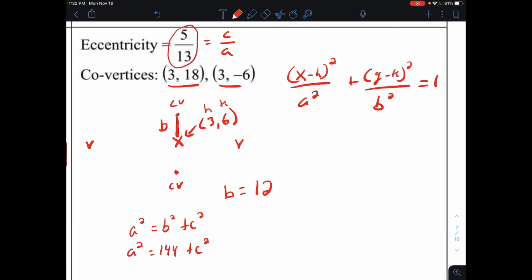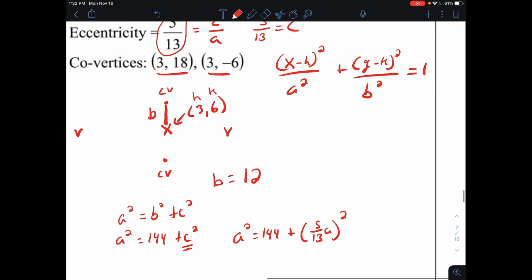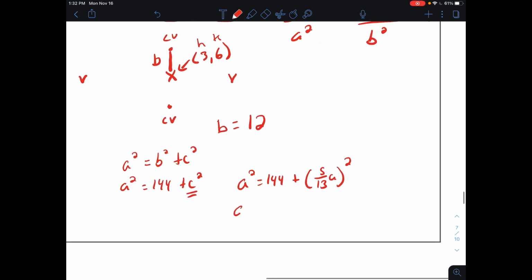So if I multiply the a over, 5 over 13 a is equal to c, and we're going to put that in right there. So we have a squared is equal to 144 plus 5 over 13 a, being squared. And then we can solve for a from there. So we have a squared is equal to 144 plus 25 over 169 a squared.